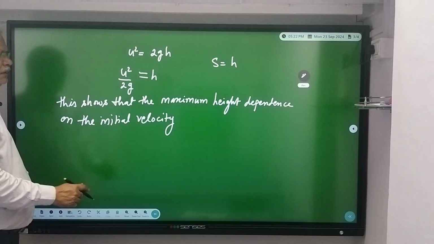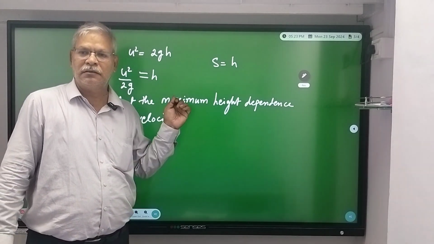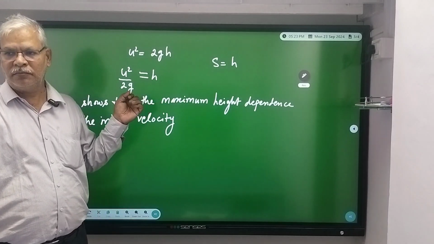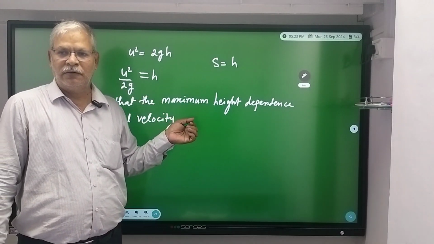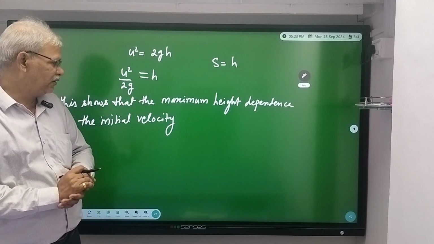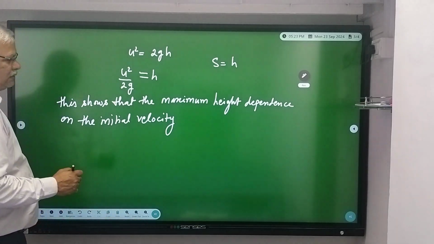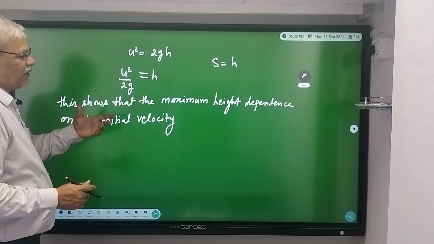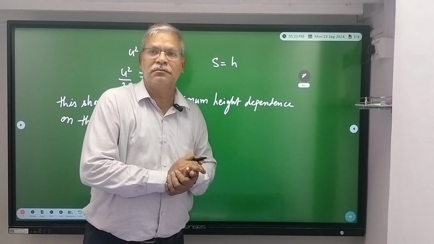Therefore, here in definition it is given that the minimum initial velocity required for an object to escape from the Earth's gravitational force of attraction. Now see here, one derivation is given here. What will be the escape velocity?